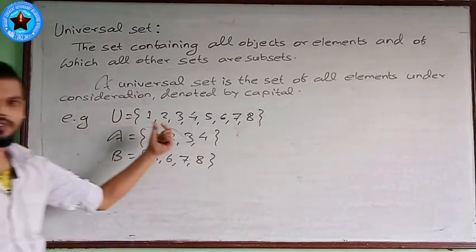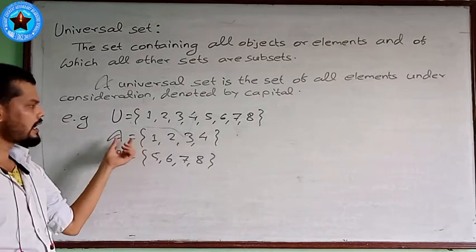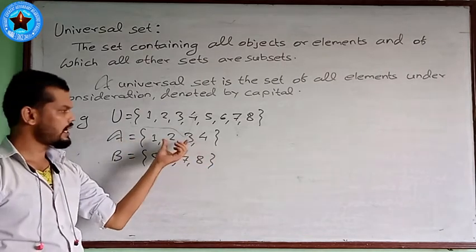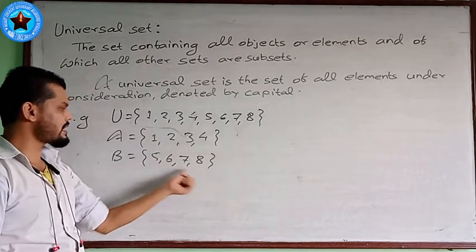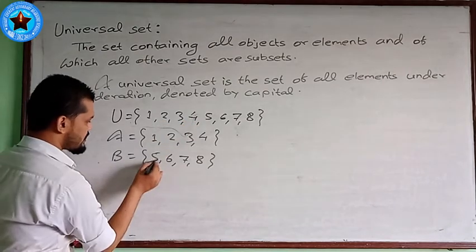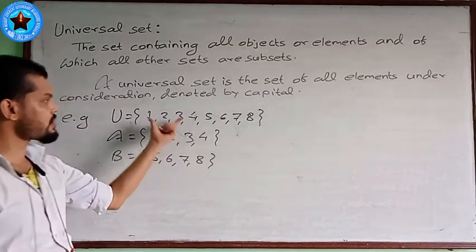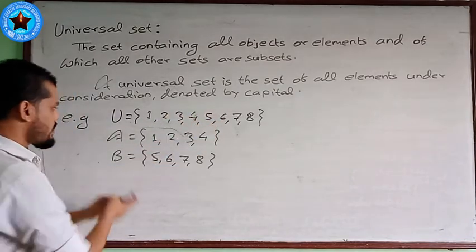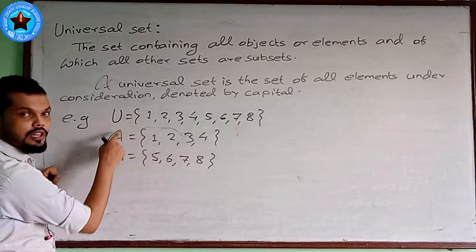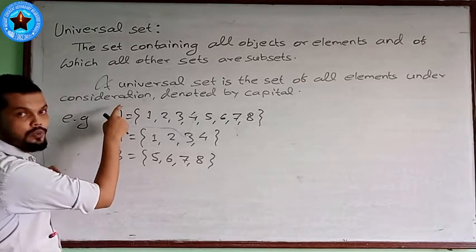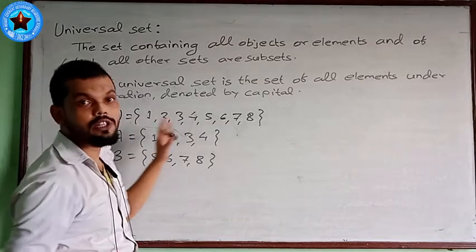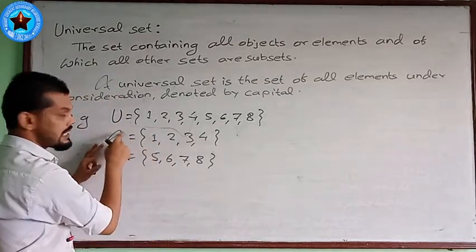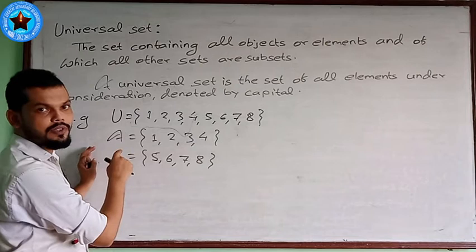Here we are given three sets, and this set A, which has the elements 1, 2, 3, 4, is a subset of set U, and similarly 5, 6, 7, 8 are the elements of set B, and this is a subset of set U. That means these two are subsets of set U. So we can say that this is the universal set for sets A and B.